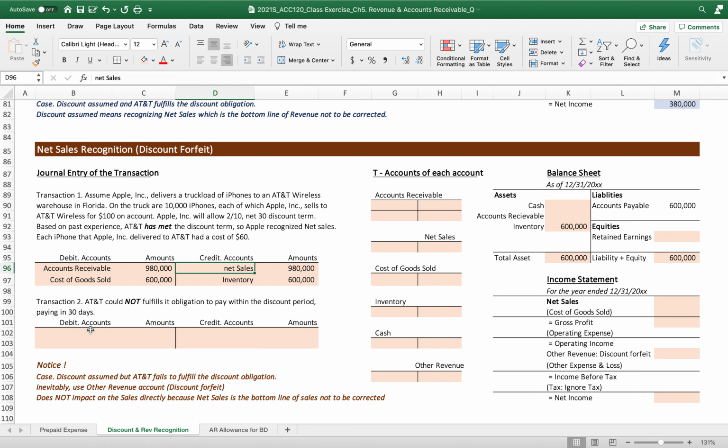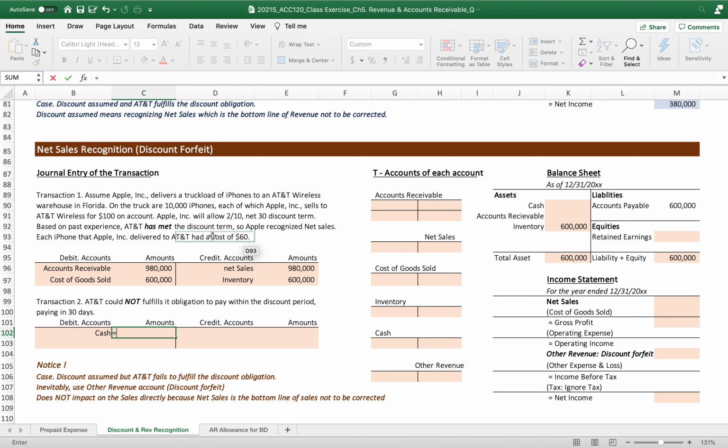So in this case, inevitably, we have to use an other revenue account. Other revenue account, there you go. You see this other revenue account when the discount is forfeited. So we start here the same, with cash. How much did we receive then?